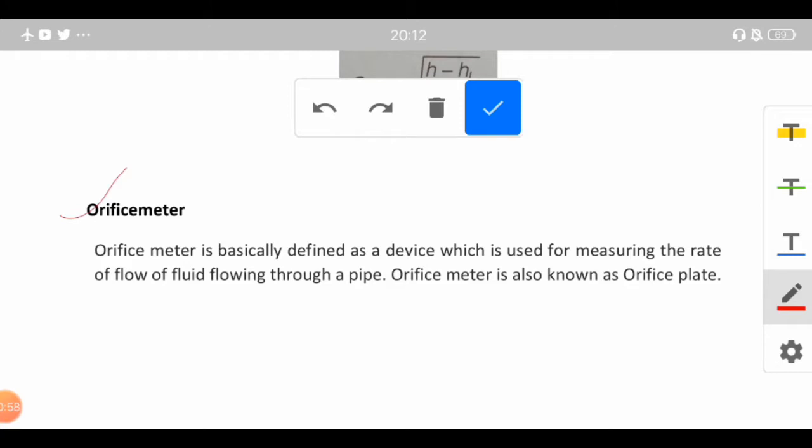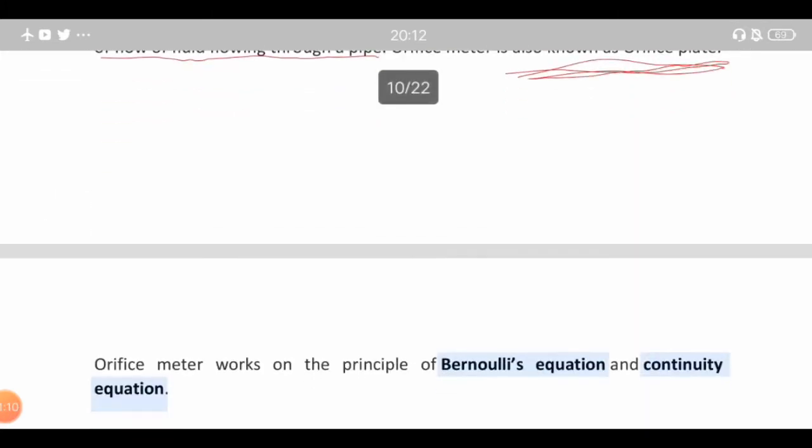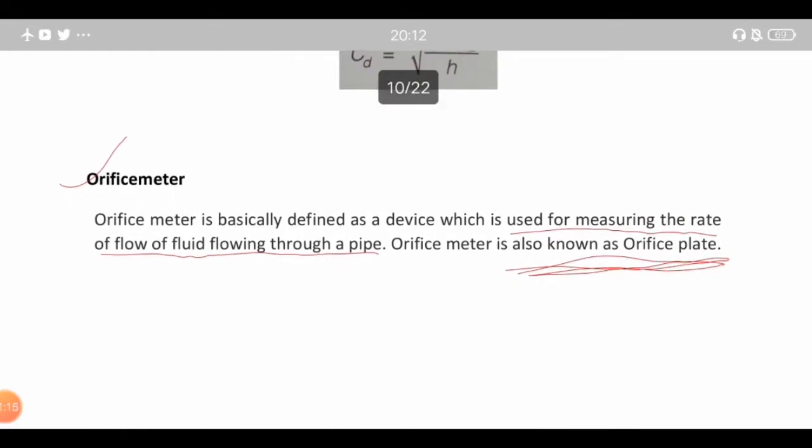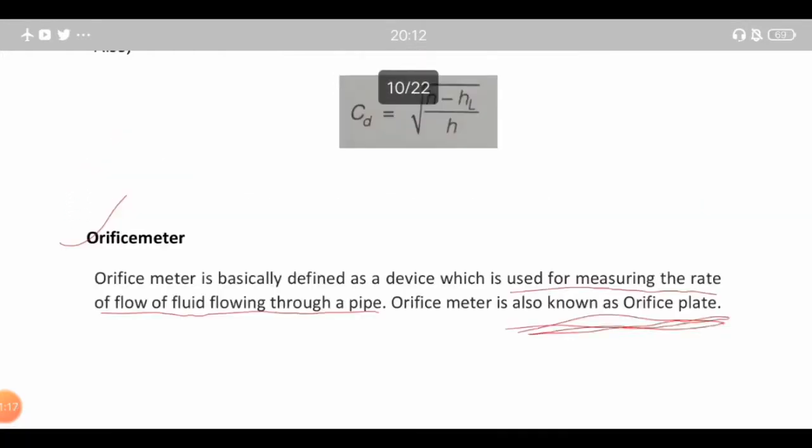Like the venturimeter, the orifice meter is another device used for measuring the rate of flow of fluid through a pipe. The orifice meter is also known as the orifice plate, so it has a separate name also, and you will find this type of device in any fluid mechanics lab.